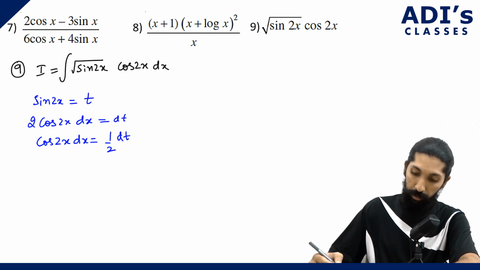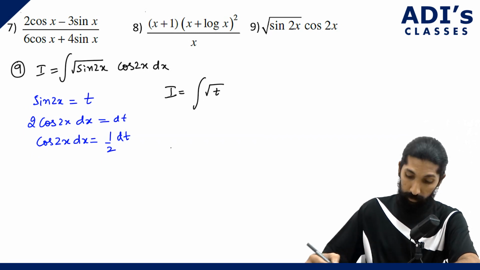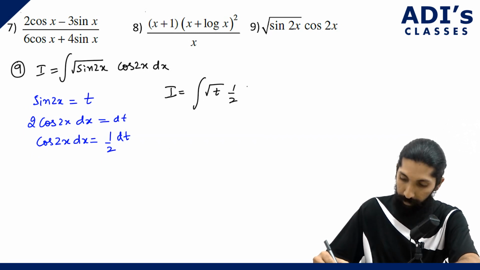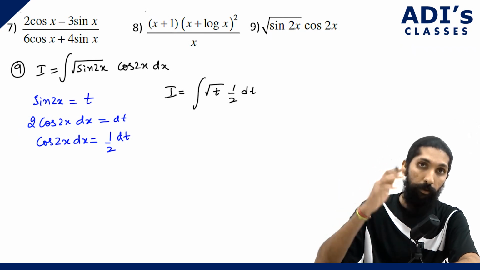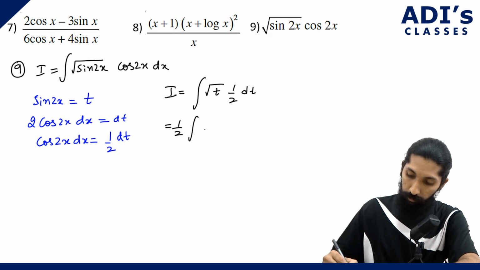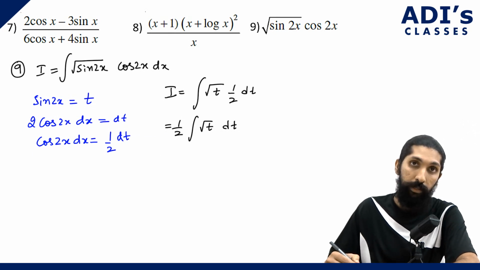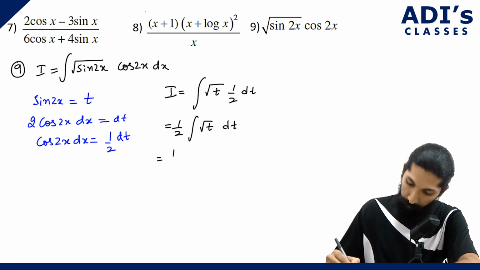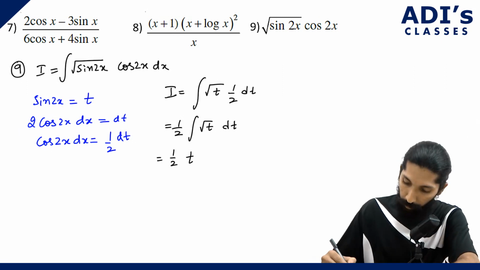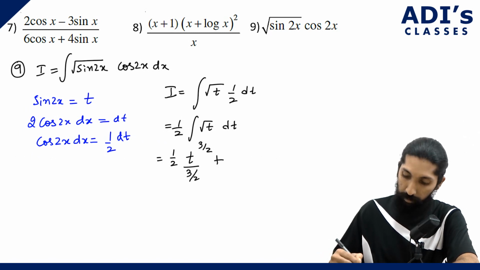So substitute this one. If you substitute, you will get I is equal to integral of root of t into cos 2x dx, that is going to be half dt, correct? Take the half outside. So you will get this as half integral of root t dt. Root t is what? t power half, correct? So half into t to the power of 3 by 2 divided by 3 by 2 plus c.